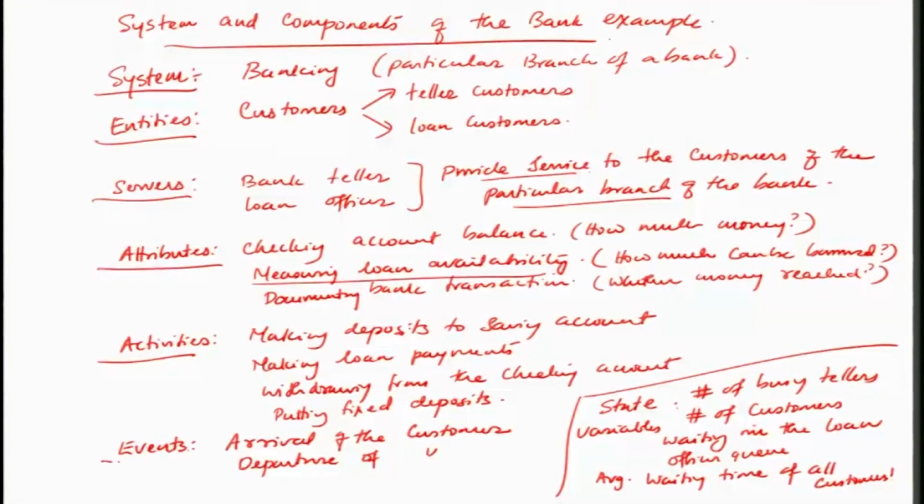Events are arrival and departure of the customer, and state variables include how many tellers are busy, how many customers are waiting in front of the loan officer, and the average waiting time of the system. In this case you should understand that state variables may change continuously or at specific time instances.